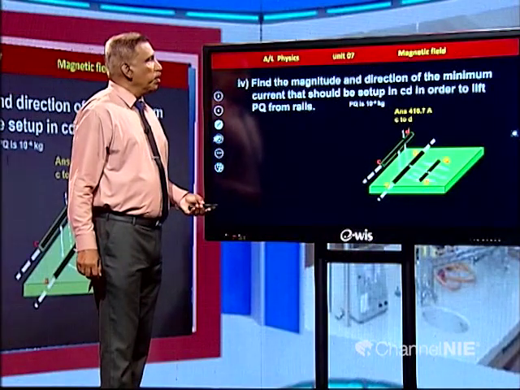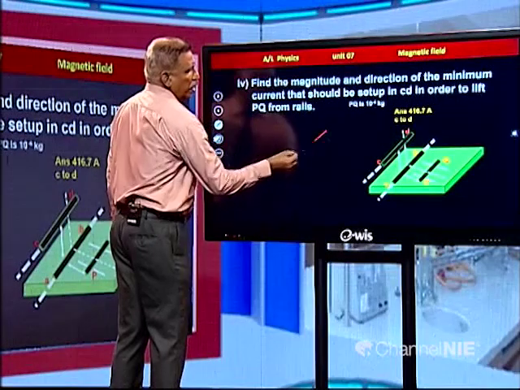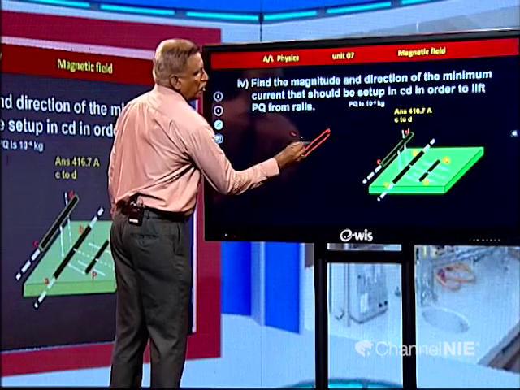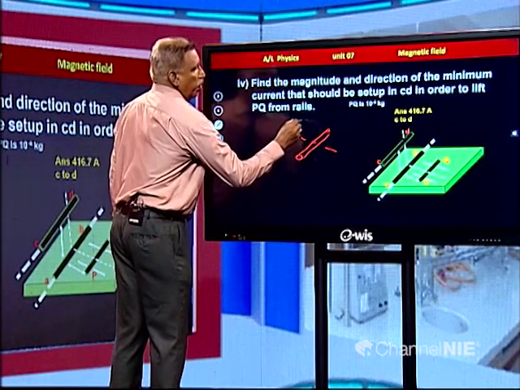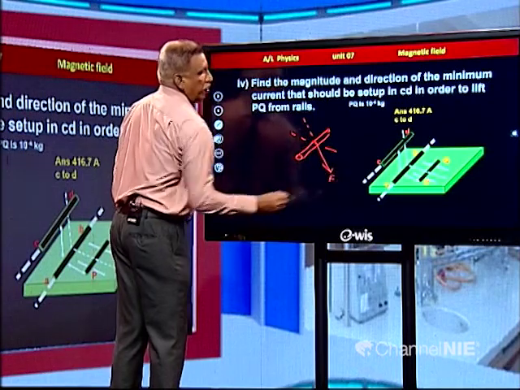Find the magnitude and direction of the minimum current that should be set up in CD in order to lift PQ from the rails. So again I draw the diagram here. This force is acting here, this force F dash.